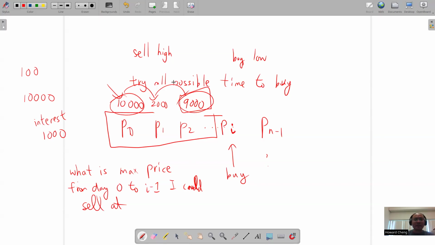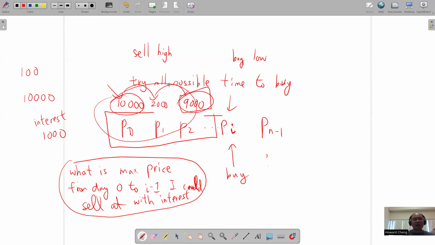So basically what you want to do is keep updating the max price that you can sell something at, with the interest. Whatever it is, you know that on this day you can get a certain amount from selling. Let's say in this case the best thing you can get is 7,000.